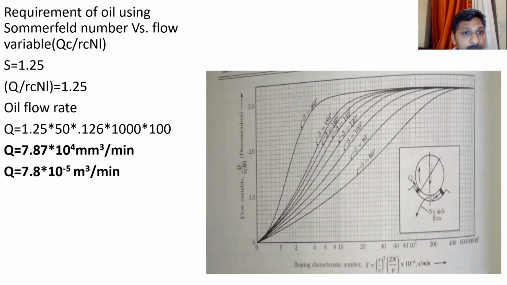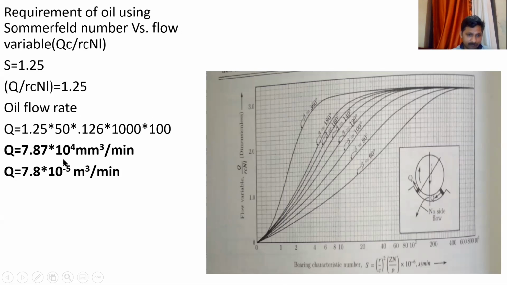We have the RPM of the journal, that is 1000. We calculated L equal to 100 mm in the first step, and we have the flow variable equal to 1.25. So we are able to find the flow rate.